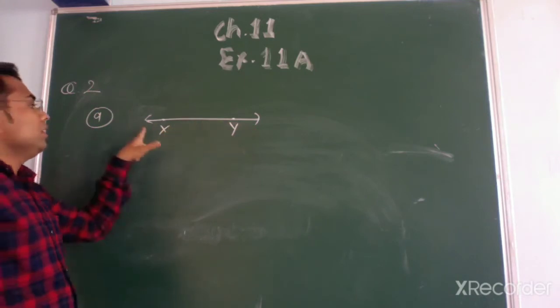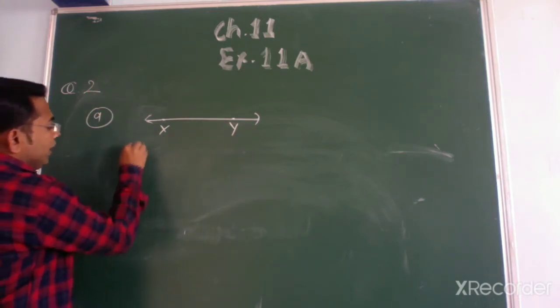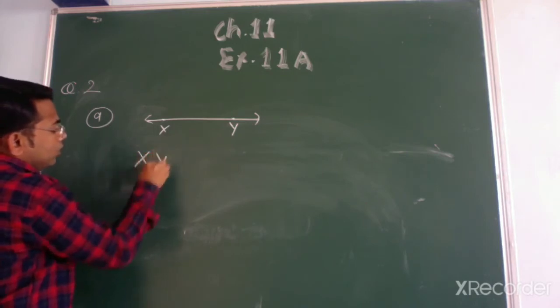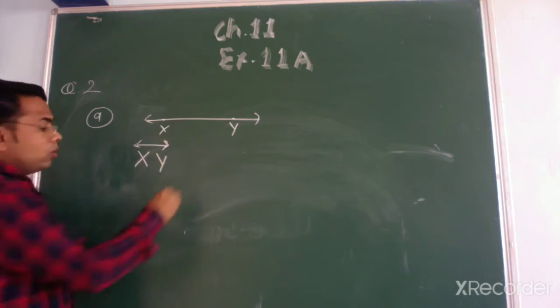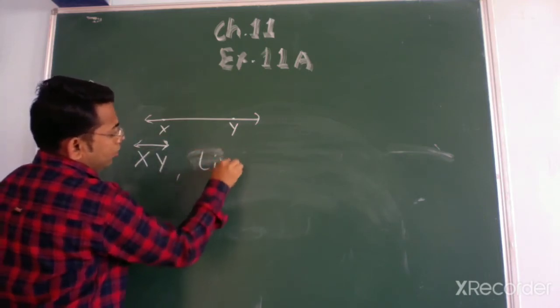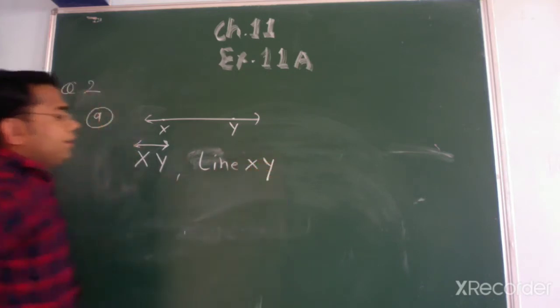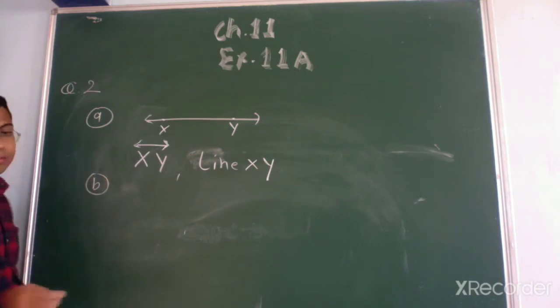We can see this is a line, and we have to write the name of the line. So we can write the name symbolically as line XY. Now next is B.